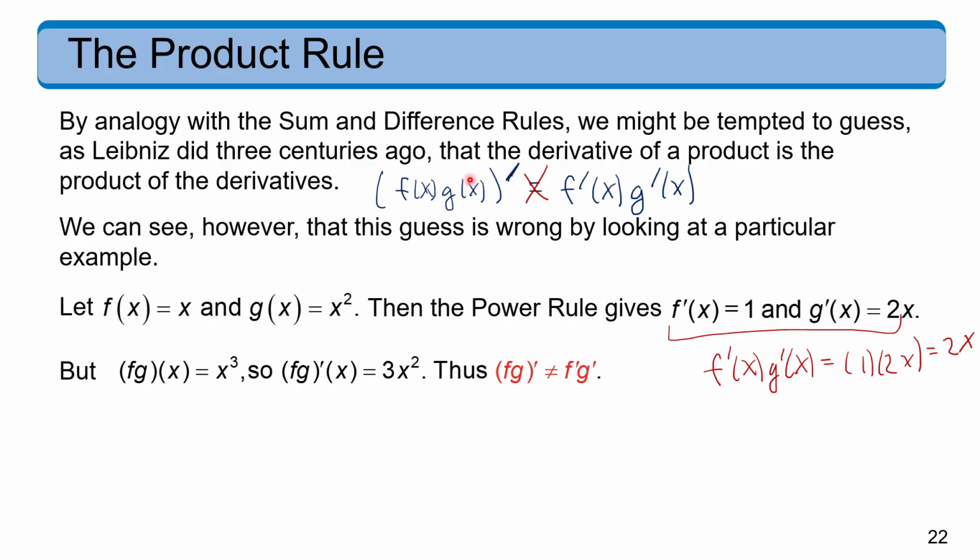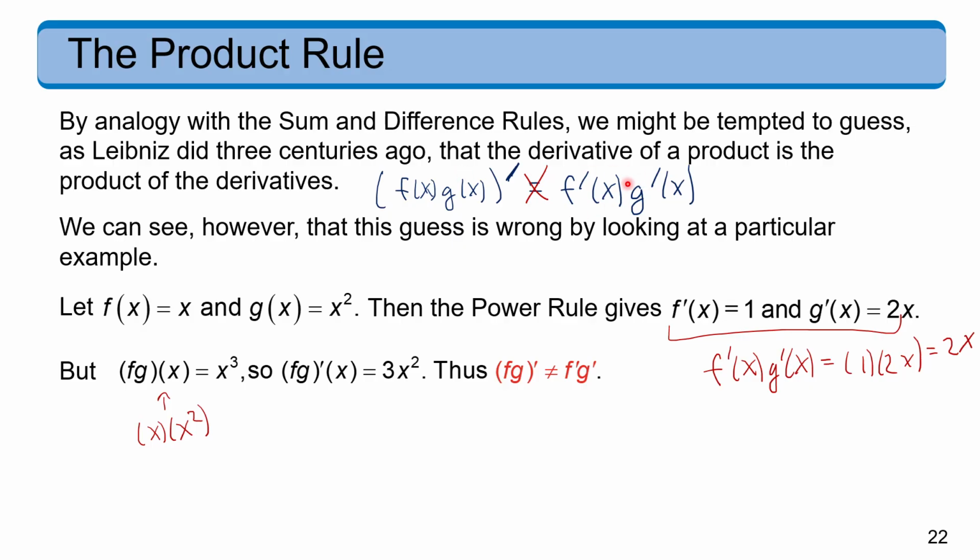Now let's do the left side. So this says first multiply f and g and then take the derivative. When you multiply f and g, just to explain where this comes from, it means x times x squared, which gives us the x cubed that we see there. So first we multiply f and g, we get x cubed, then we take the derivative of that. Using the power rule, the derivative would be 3x squared. So for the left side, we get 3x squared.